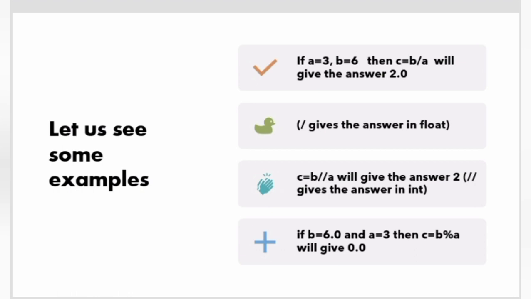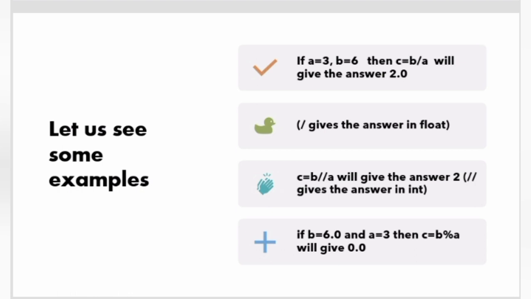So there are some examples that we have to see. Suppose we have the value 3 given to A and 6 to B, and we write C is equal to B divided by A, then we get the answer as 2.0. Why 2.0? Because a single division sign will always give you the answer in floating point.